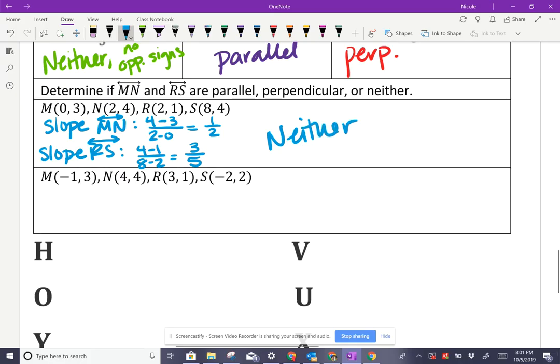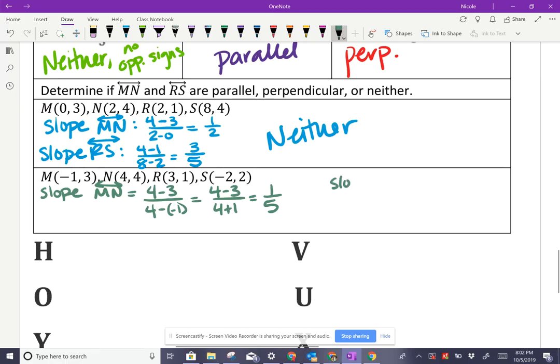And then let's take a look at our second set of points. So we're going to do the slope of MN, which is 4 minus 3 over 4 minus negative 1. 4 minus 3 over 4 minus a negative 1 is 4 plus 1. 4 minus 3 is 1. 4 plus 1 is 5.